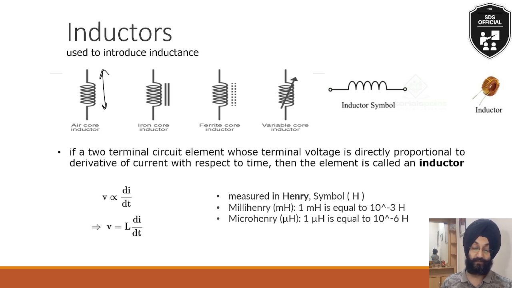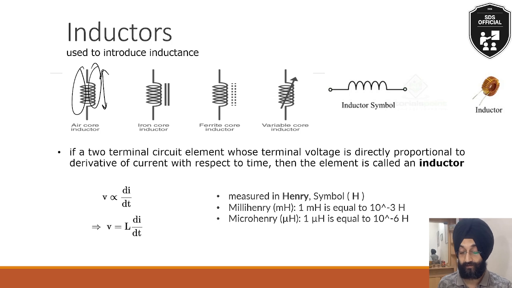So when the current passes, a strong magnetic field across this inductor is developed, or when this voltage is being changed, which has supplied this inductor the energy to generate the magnetic field, the same magnetic field opposes the change in the current due to the magnetic field produced according to Lenz's law, which is an advanced topic, and we can study it later on.